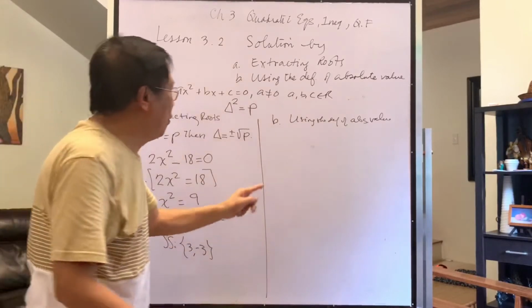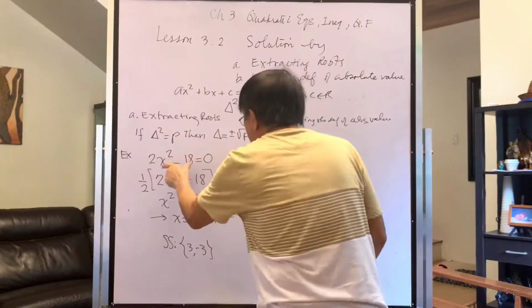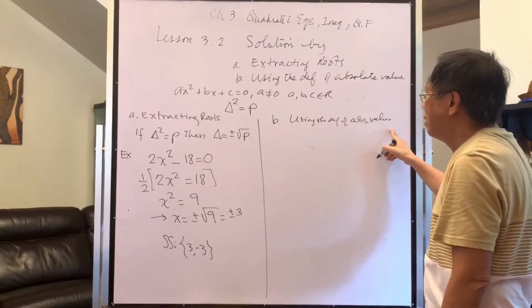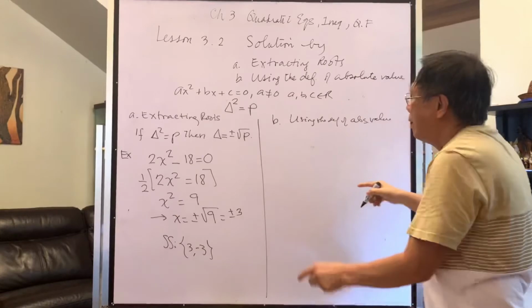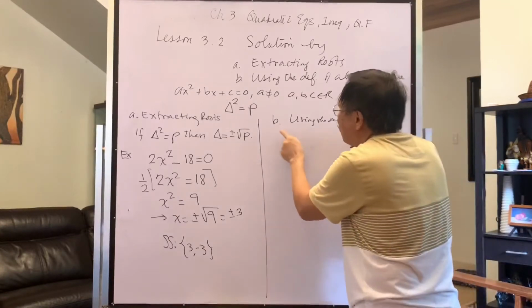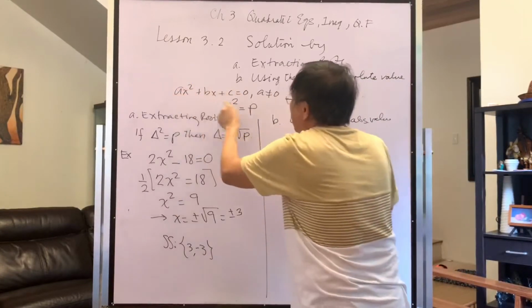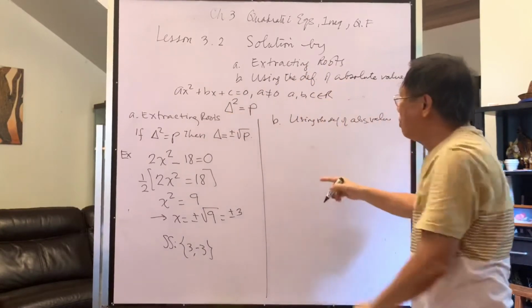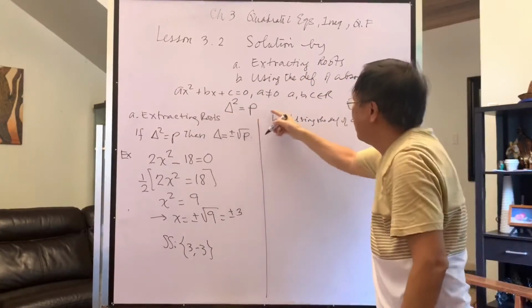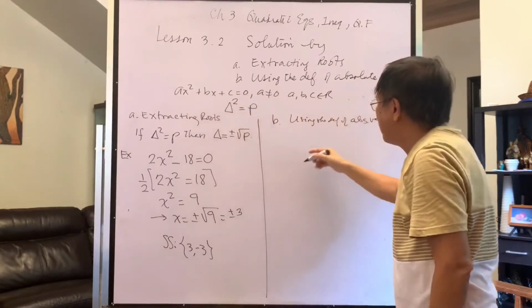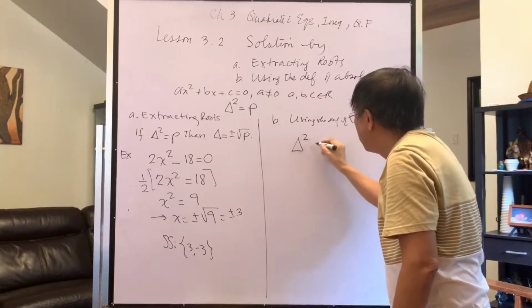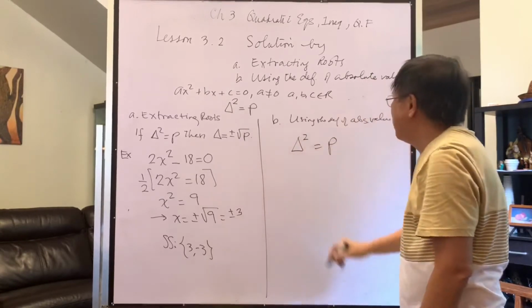Let's have this same problem be solved using the definition of absolute value. Practically, we want to have this equation again transformed into this format. Okay? So, after we have transformed this to this format, we are going to introduce the absolute value definition.